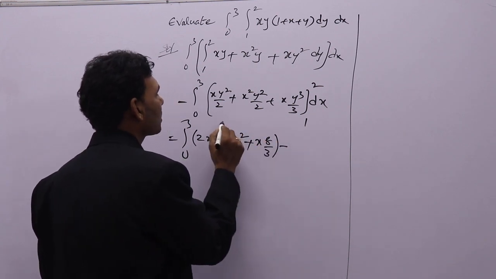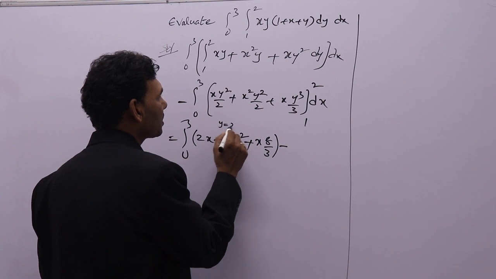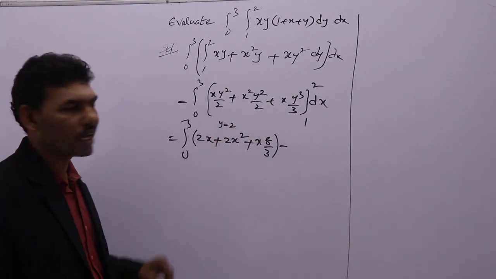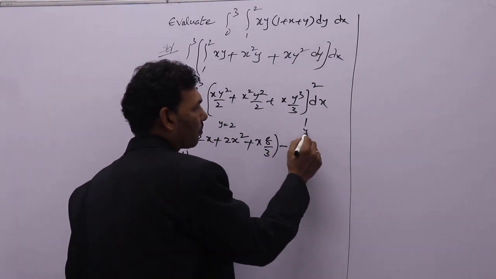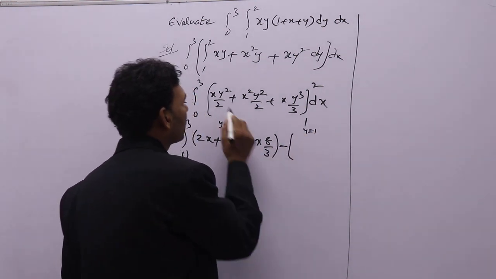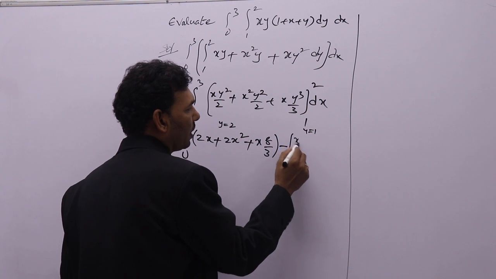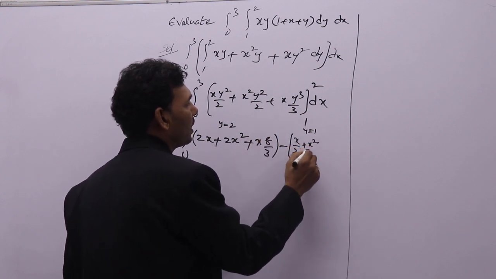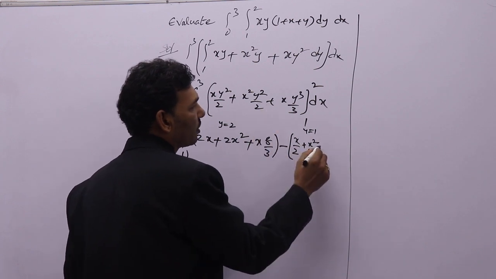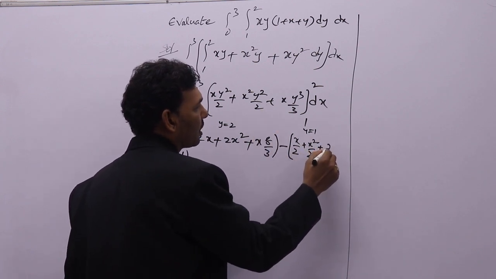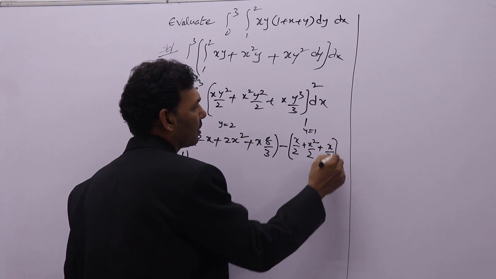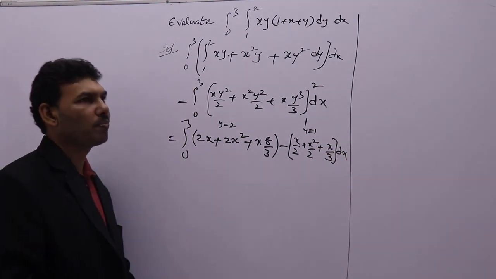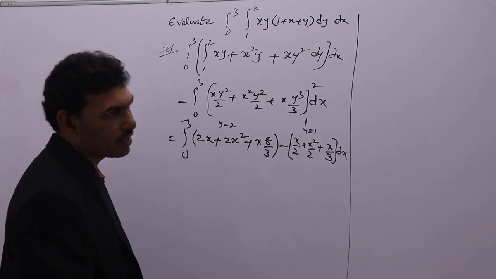Minus, now substitute the lower limit y equal to 1 in this: x by 2 plus x square by 2 plus x by 3, dx, x by 2 plus x by 3.